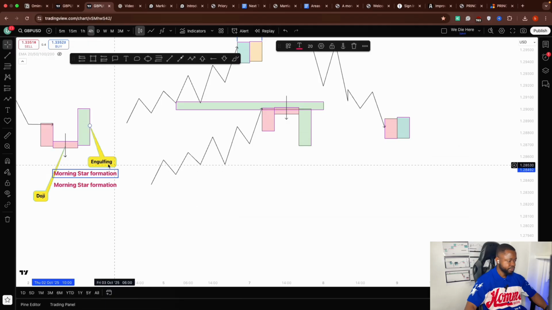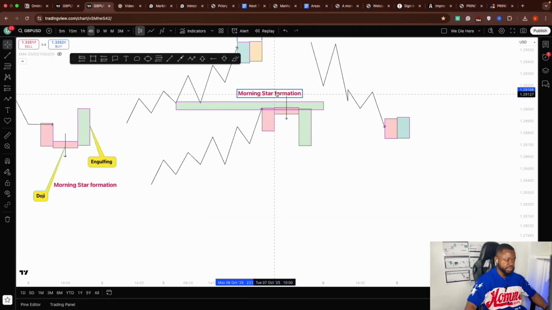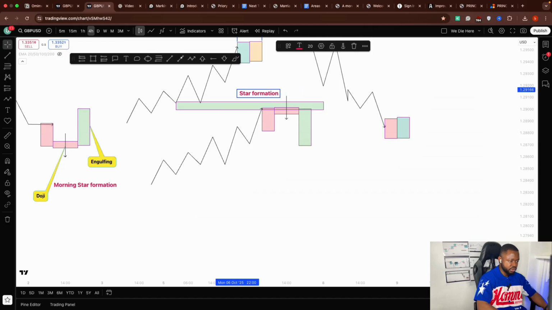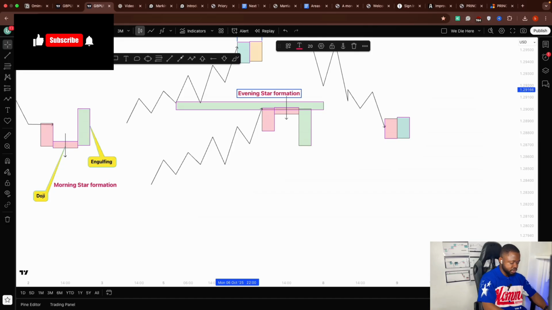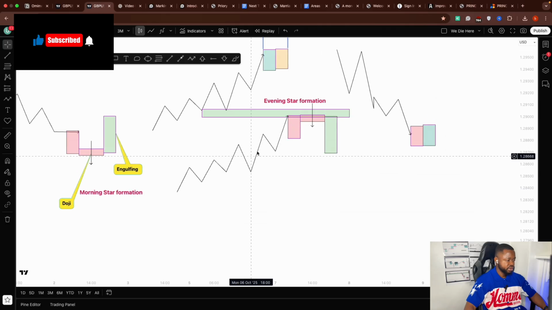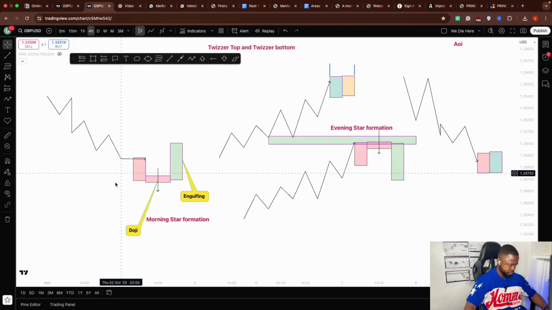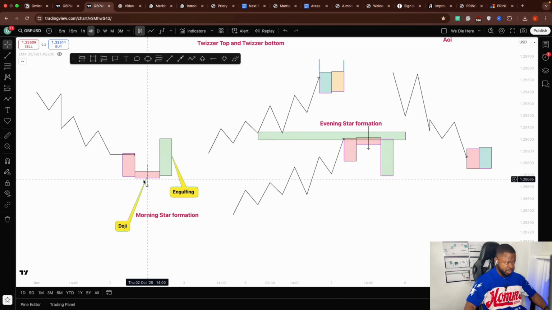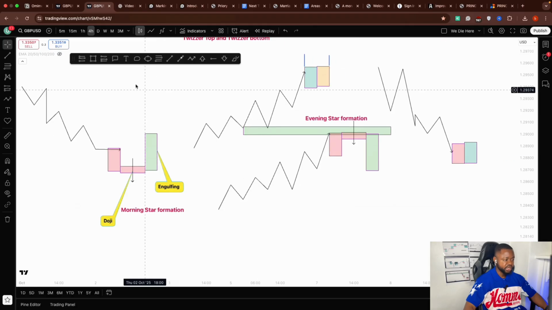So clone this and bring this here. This is called the evening star formation. So this happens in an uptrend, the other happens in a downtrend. As price is about to change direction, it prints this. So it gives you a cue.